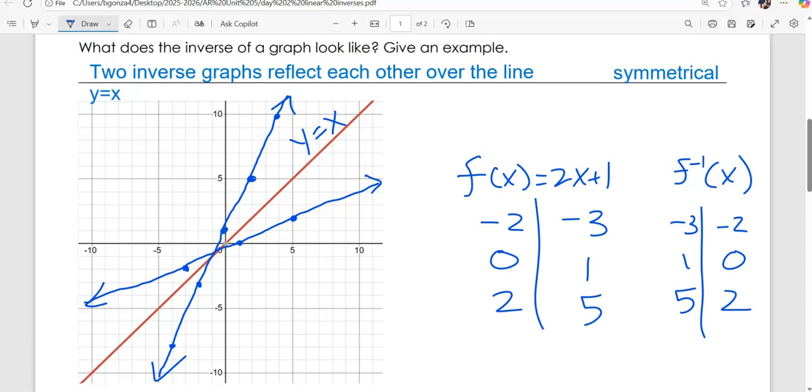Okay, the most important part is on the back. Okay. Ready? All right.